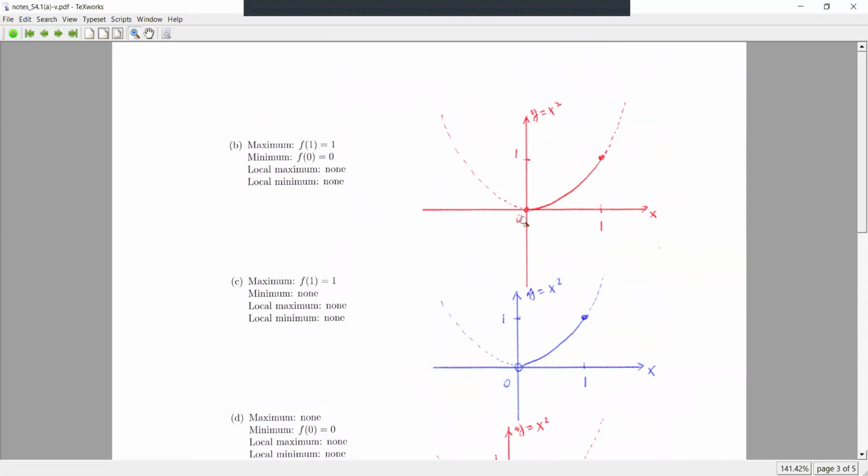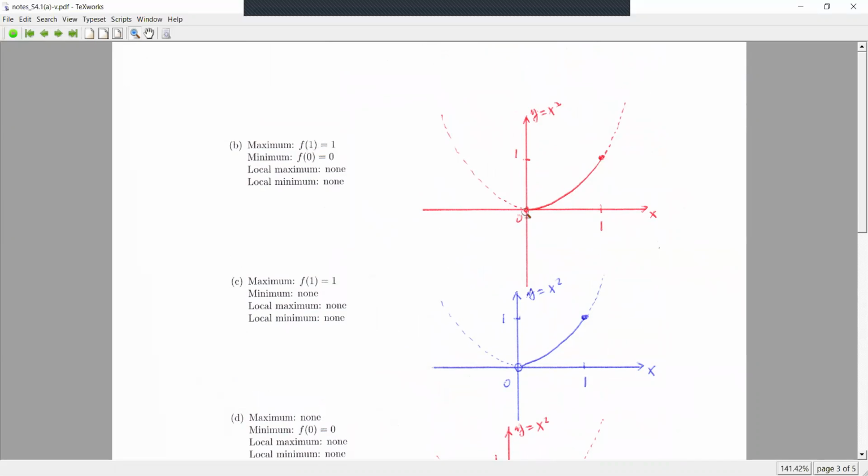The interval is a closed interval, so we put a solid point here and solid point here at the two endpoints, including the two endpoints. About this portion, this point is the highest point, so the function value at the point is 1. Then it is the maximum function value. The location is x is 1.